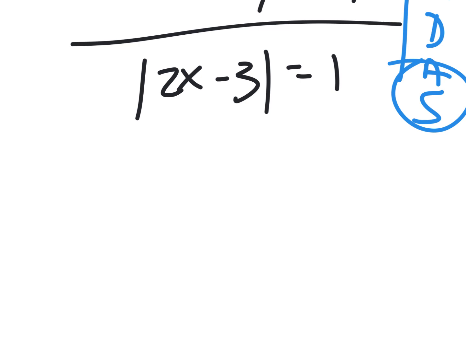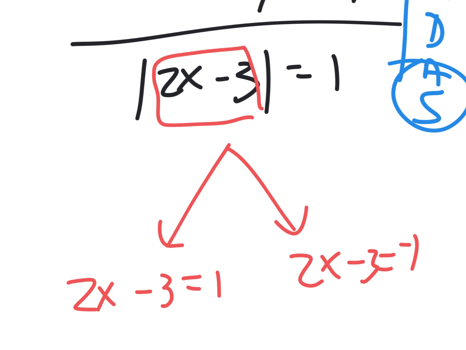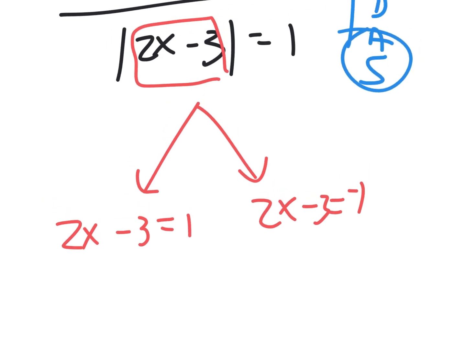Okay, I'm back, and let's see if you did this right. You split it into two equations. 2x minus 3 equals 1. 2x minus 3 equals negative 1. Why? Because what's in here could either be 1 or negative 1. That's why you need two equations. Then you should be able to solve them from there.